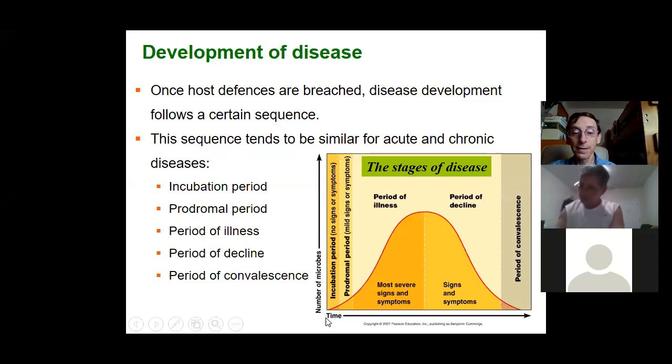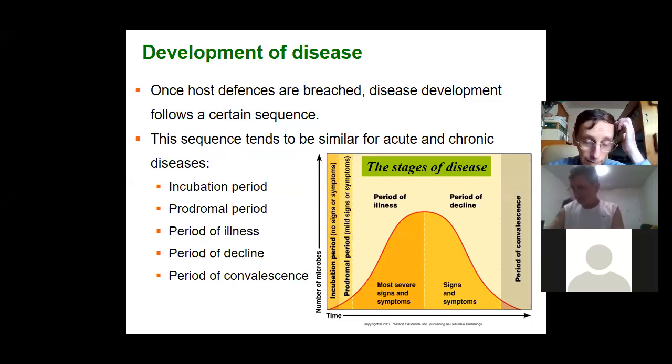And on the x-axis here is simply time since your first infection. And then on the y-axis, it's two things. It's the number of microbes growing in the patient, increasing. And it's also the intensity of the signs and symptoms.